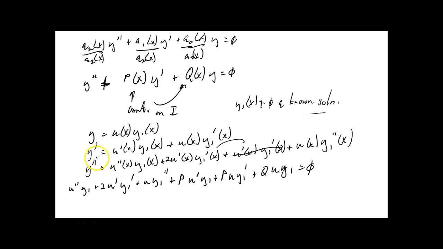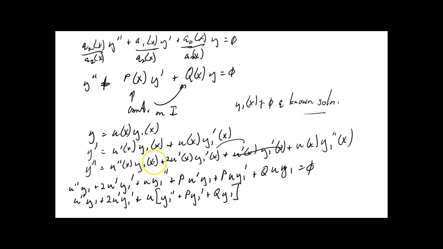Okay? So we have u double prime y1 plus 2u prime y1 prime plus u times y1 double prime plus p y1 prime plus q y1, right?